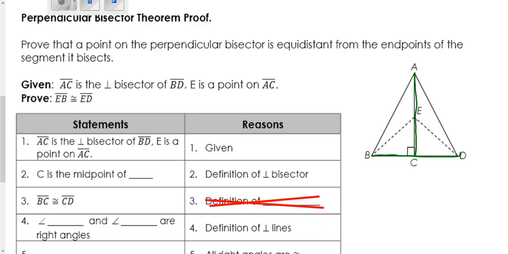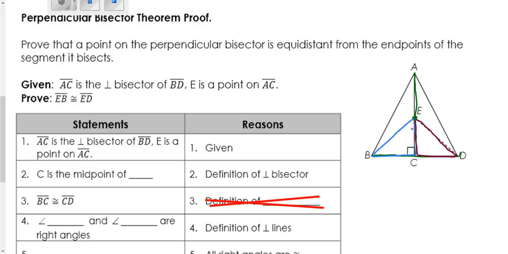And then we know that E lies on that line. So what we're going to do is prove that this segment BE is congruent to this segment ED. But think about everything we've been doing with proofs. The only way that we can prove that this segment is congruent to this segment is to first prove that this triangle is congruent to this triangle. Because they're corresponding parts, then I can use CPCTC.